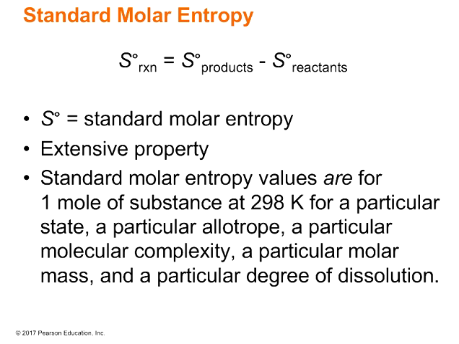Now, standard molar entropy is an extensive property, which means that it depends on the amount. So, for instance, mass changes depending on the amount of a substance, volume changes based on the amount of a substance. So those are extensive properties as well.